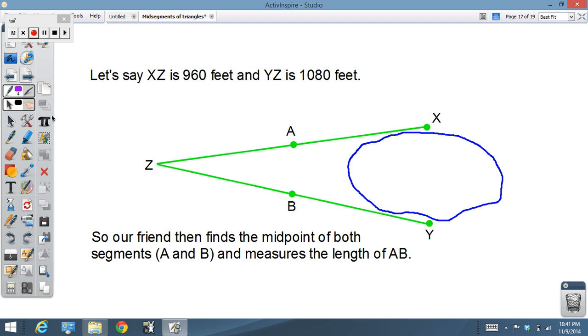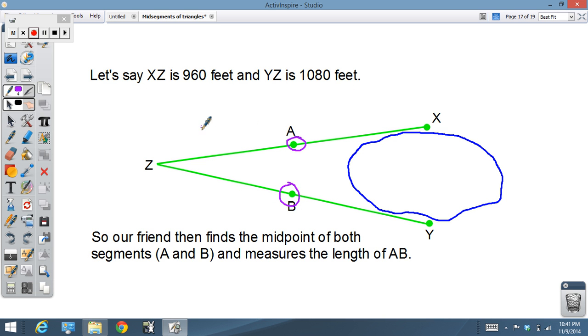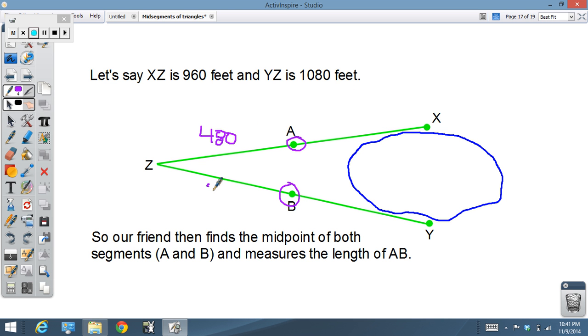All right, moving on. What she's going to do next, she's going to measure the halfway point on each of her segments. So if we had 960, she's going to figure out half of that, 480. And if we had 1080, she's going to figure out 540 here.